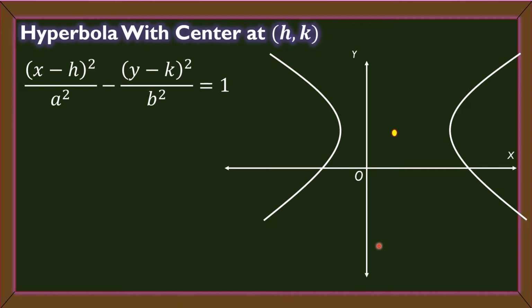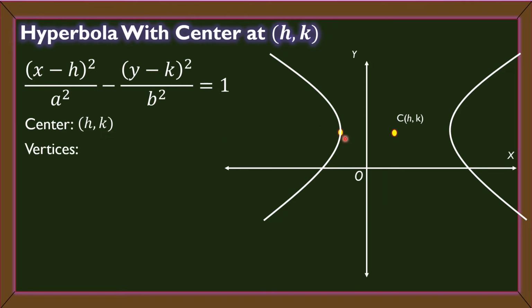The equation of such hyperbolas has the same forms as the equation of the hyperbolas with center at the origin, except that x is replaced with x minus h and y by y minus k. So we have a hyperbola with center with coordinates (h, k).